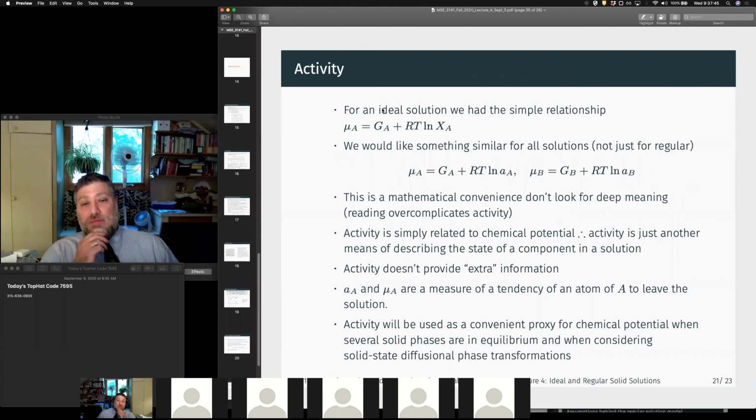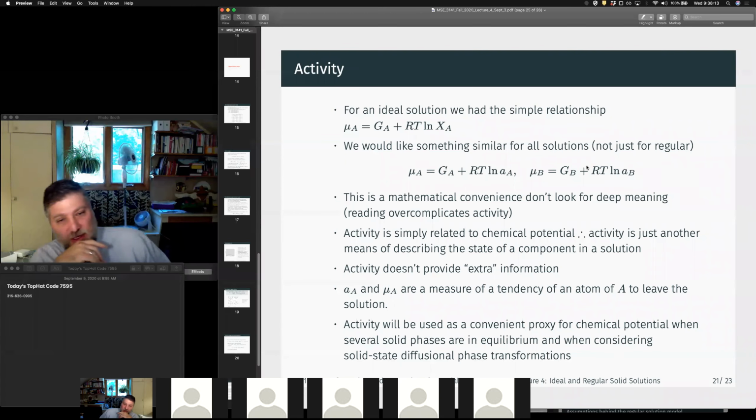But for an ideal solution, we had this really simple relationship that the chemical potential of A was equal to the Gibbs free energy of pure A plus RT ln of the mole fraction. What we would like to do is make something similar for all solutions. This was originally worked out for the regular solution theory, but it applies to all solutions that we're going to talk about.